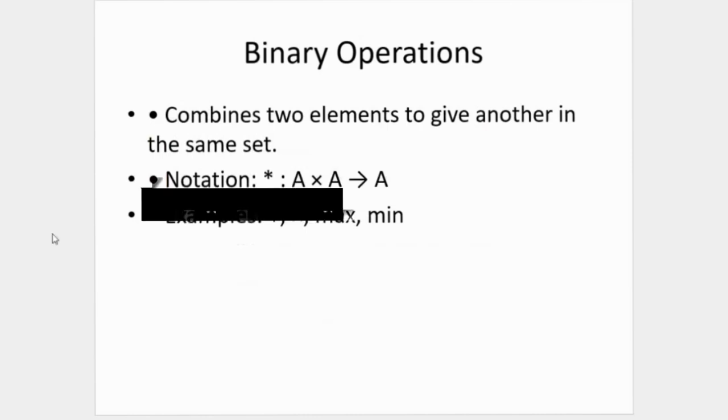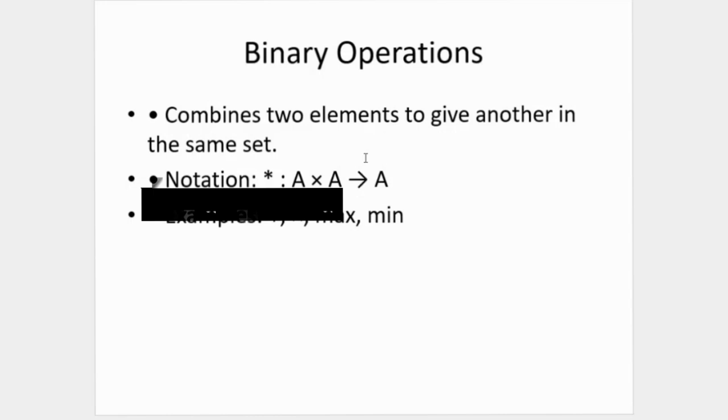Now, binary operations are like an extension of what set theory entails, because we are working with operations under a particular set. What a binary operation actually is, is combining two elements in a set to give you another element that's still in that set.